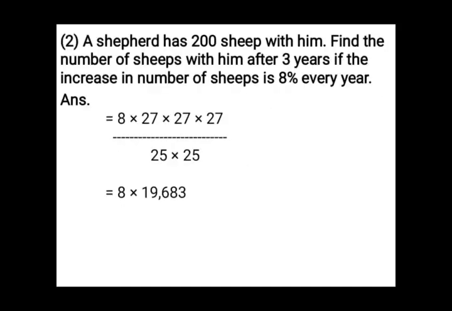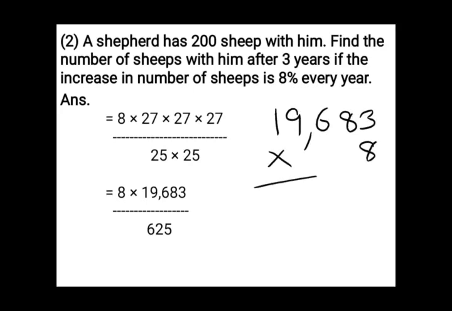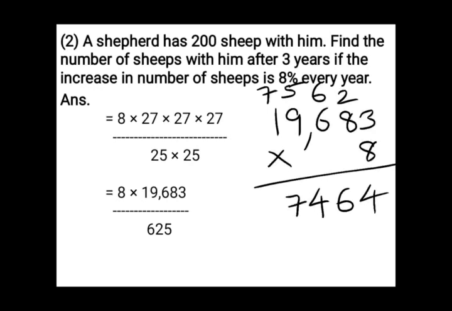That is 8 into 19,683 upon 625. Now you have to multiply 19,683 into 8. 8 3s are 24. 8 8s are 64 plus 2, 66. 8 6s are 48 plus 6, 54. 8 9s are 72 plus 5, 77. 8 1s are 8 plus 7, 15.